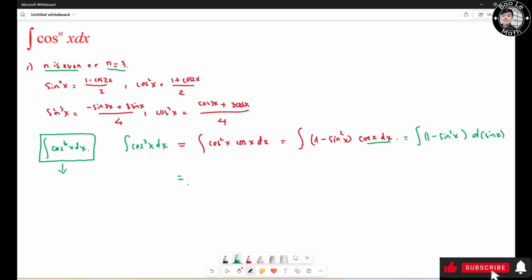Alright, so it's going to be sine s minus 1/3 sine cube of s plus c. Alright, so this is the answer for the integral of cosine cube of s ds.